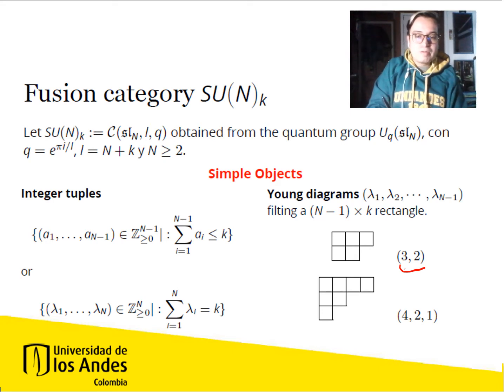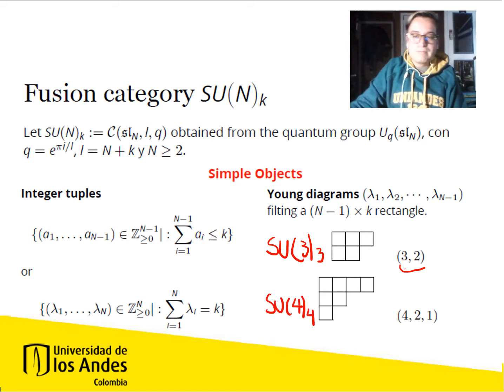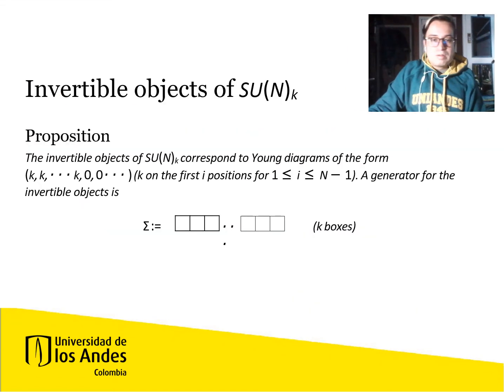Here we can view these diagrams as simple objects of the following categories: the category SU(3) level 3, and also SU(4) level 4. Now I'm going to give a very well-known description of the invertible objects of my category.